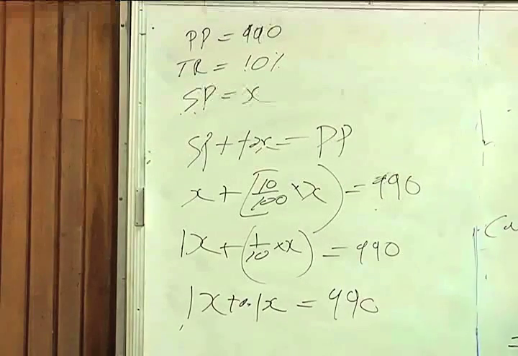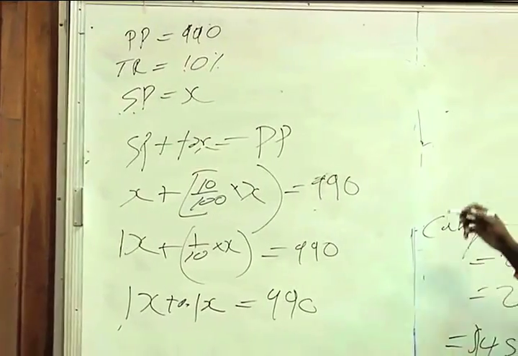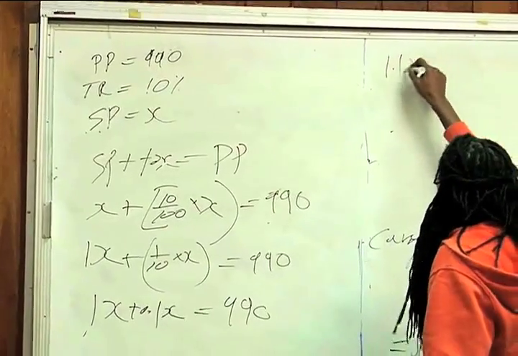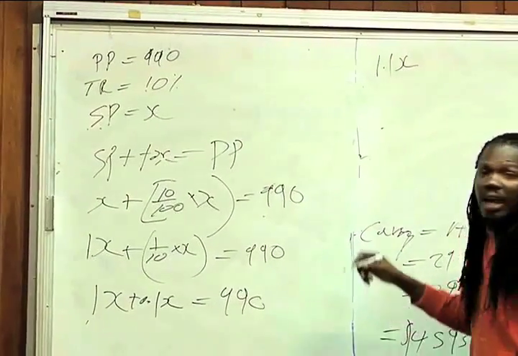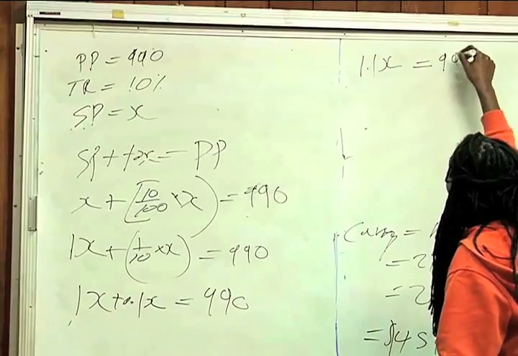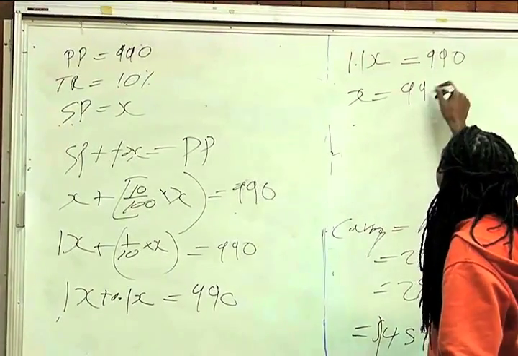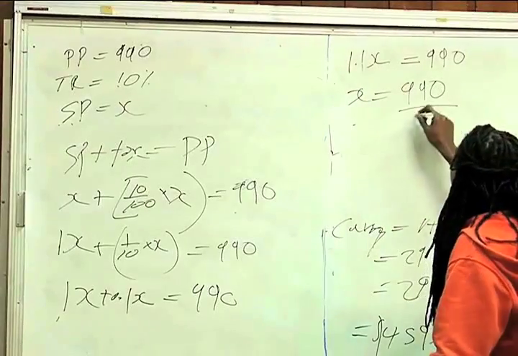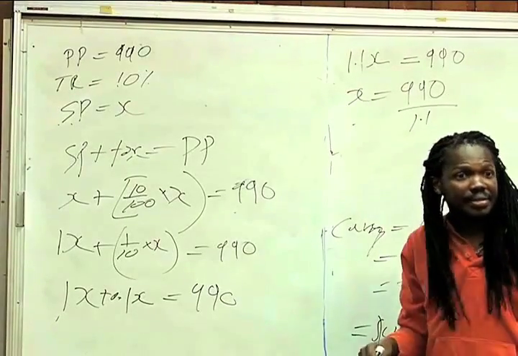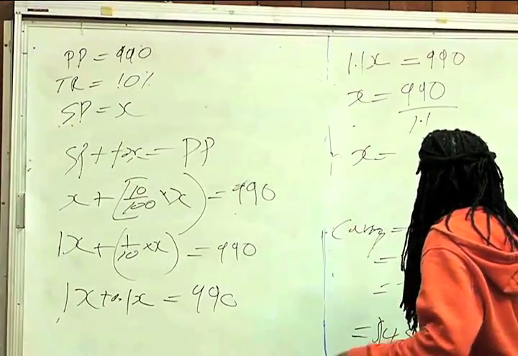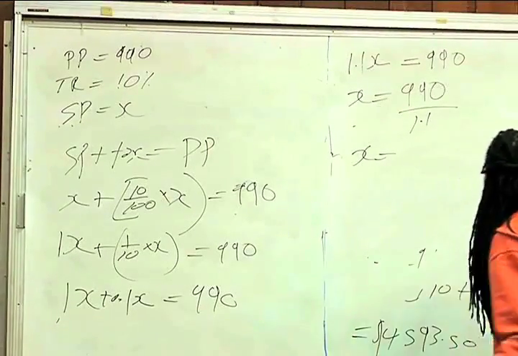And they say, if you add 1 to 0.1, what do you get? 1.1. 1.1 what? 1.1x. And 1.1x equal to 990. That means x equal to 990. This is a multiply, convert it to a divide by 1.1. That means x equals what? 900.